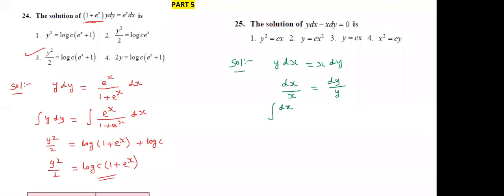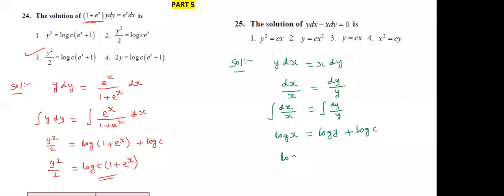Integration dx by x is equal to integration dy by y. Integration 1 by x dx is log x, equal to log y plus some constant, which I am writing as log c.